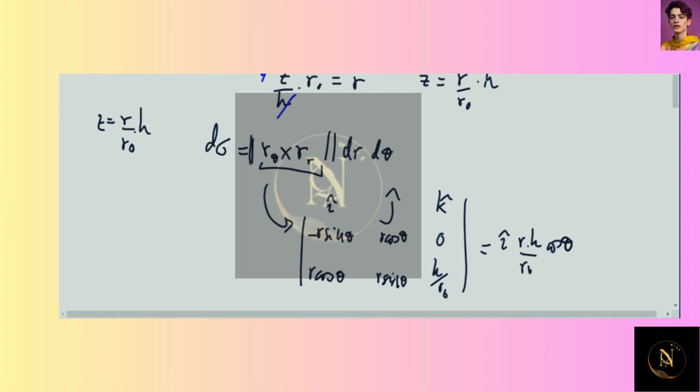This times that, and then j will be minus that times that, so plus r times h over r naught times sine of theta times j, and for the k component it would be minus r sine squared and r cos squared, so r squared.